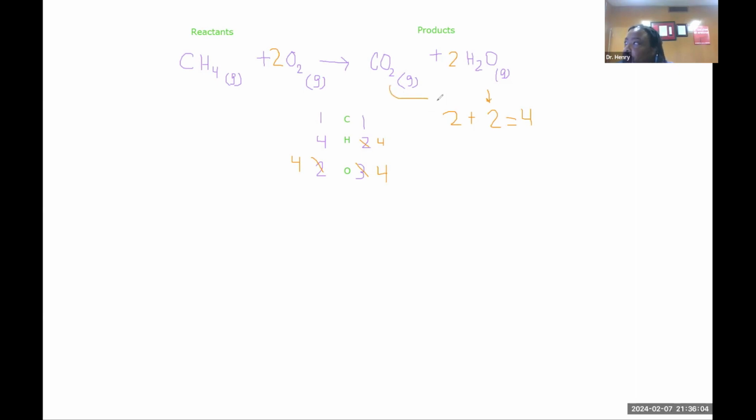So 2 plus 2 is 4, that's how we got it. Thank you. And again, this is one of the things that I've picked up over the years. A lot of times we'll pay attention to one and forget about the other. If you have the same element in both of them, you have to make sure to count both of them because it's really easy to forget about it.